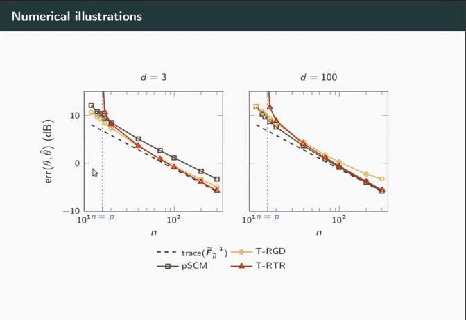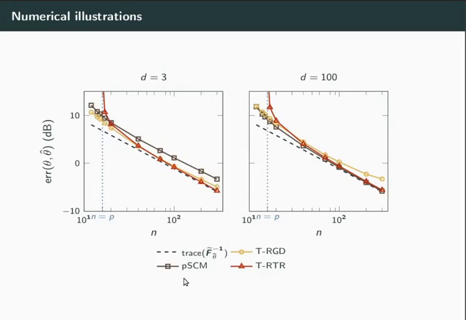In dash here you have, in both cases, the Cramér-Rao bound that we have defined, and then you have several methods. Here in brown it is the projected SCM.